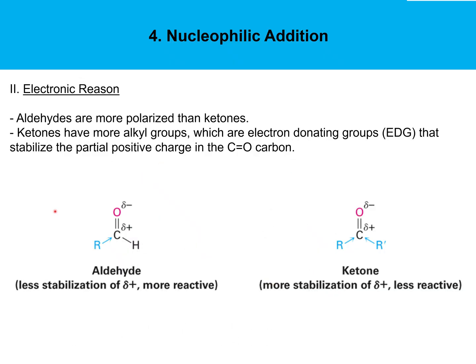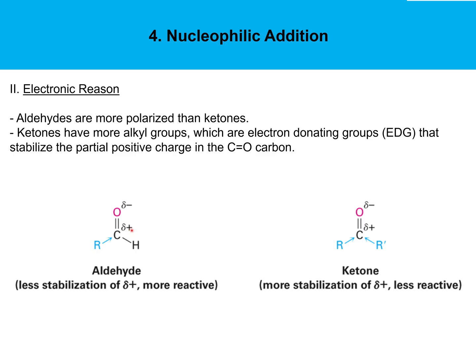An explanation for aldehydes being more reactive towards nucleophiles is the fact that there is only one alkyl group attached to the carbon. Remember, alkyl groups are electron donating. This alkyl group would donate electron density towards this carbon and tamper down some of the reactivity of this carbon, which is electrophilic.